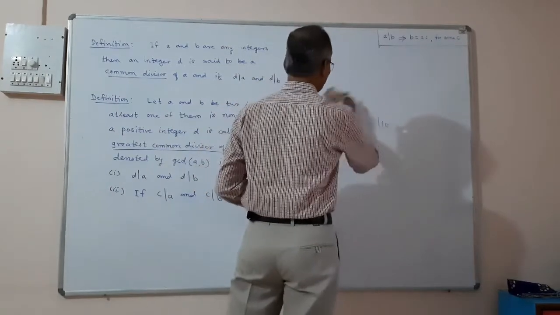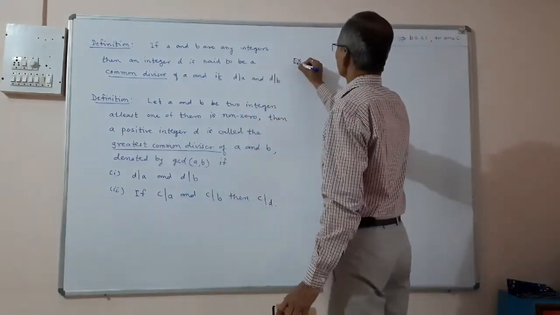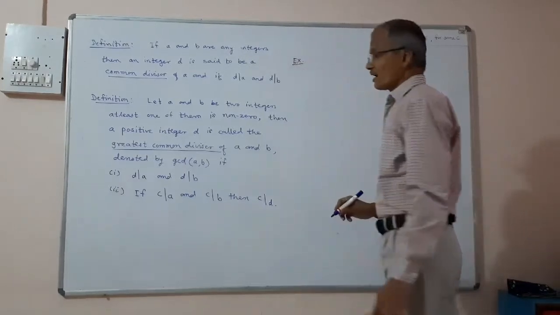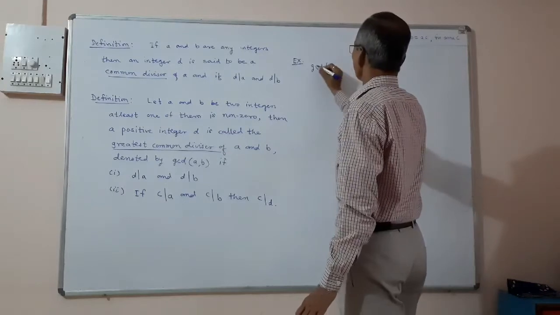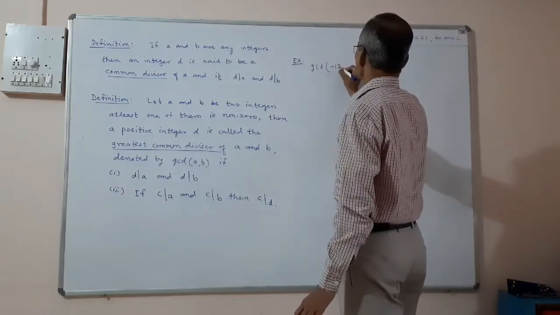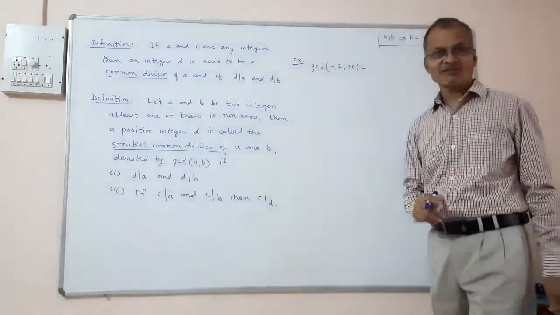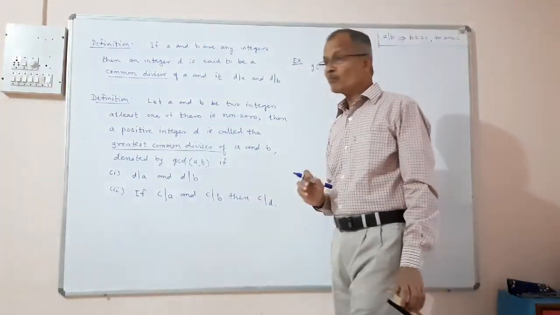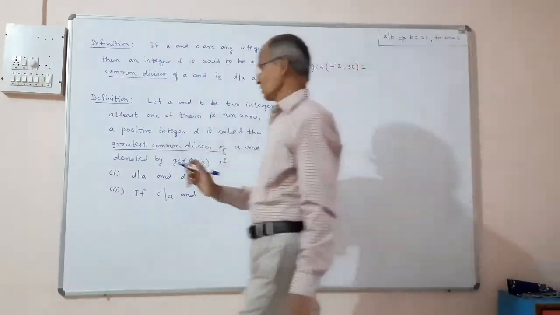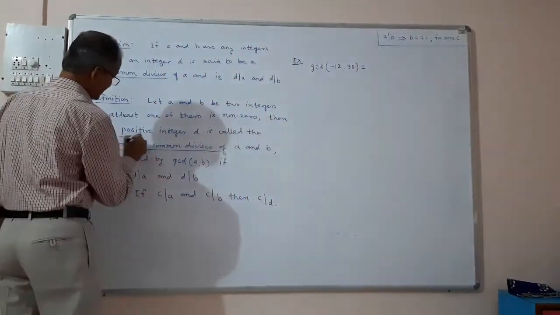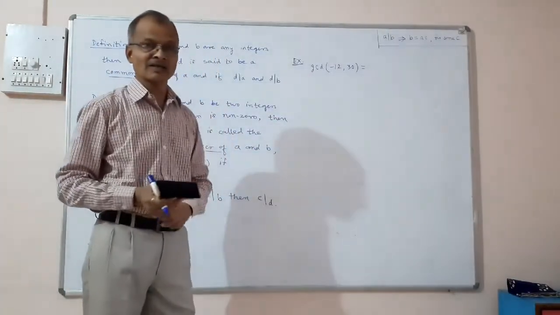Now we shall consider an example. For example, see the GCD of minus 12 and 30. Now you should remember that the greatest common divisor is always positive. Though the integer may be positive or negative, the divisors are to be considered as positive.